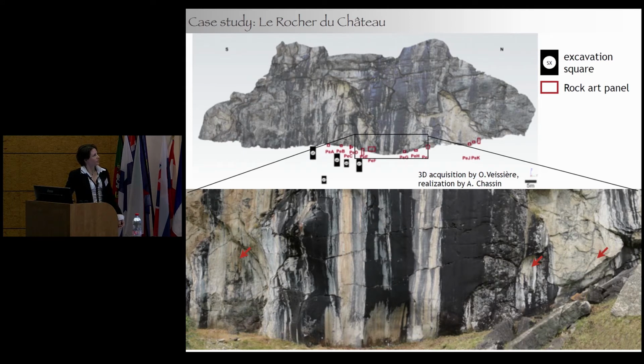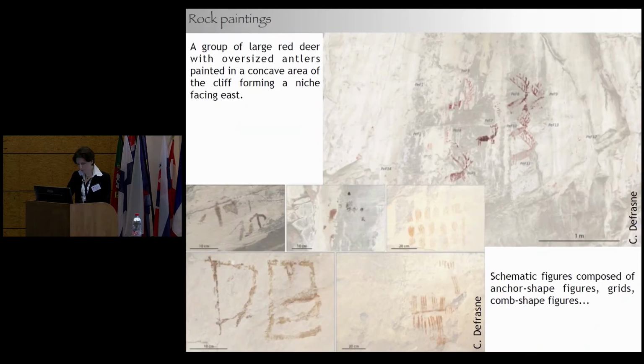We try to understand the development and the different figures we can find in the Rocher du Château. There is a large panel with a red deer with oversized antlers, painted in a concave area of the cliff, and also schematic figures composed of anchor-shaped figures.